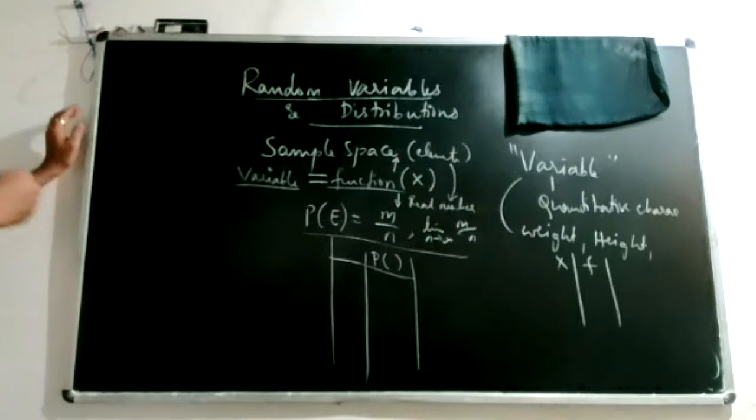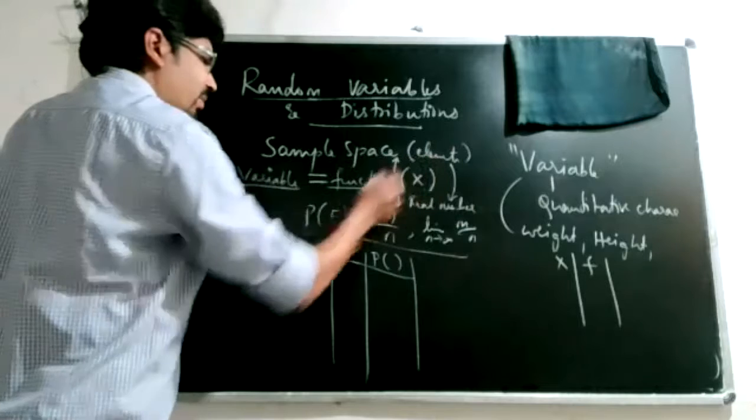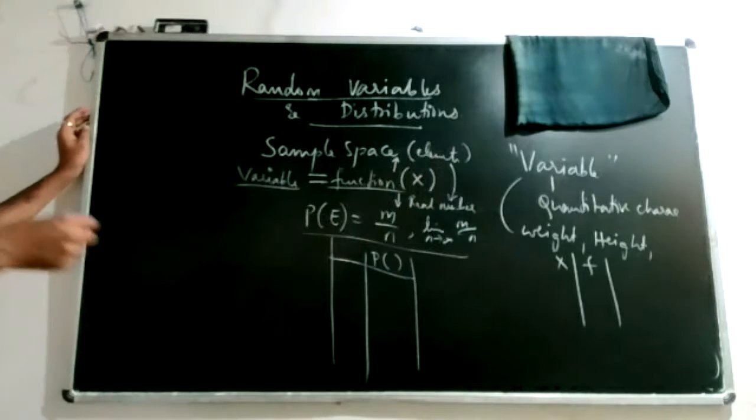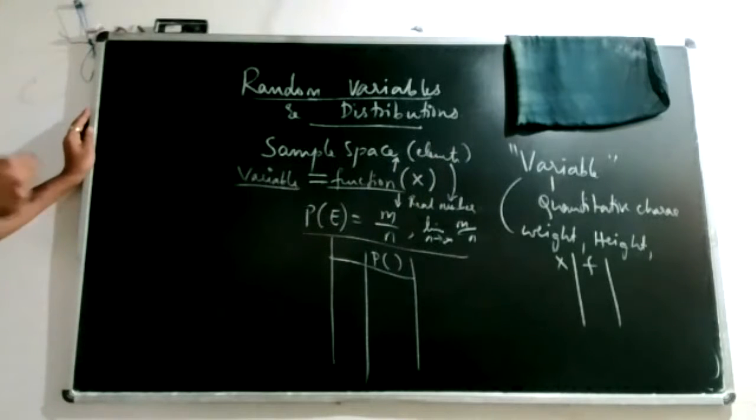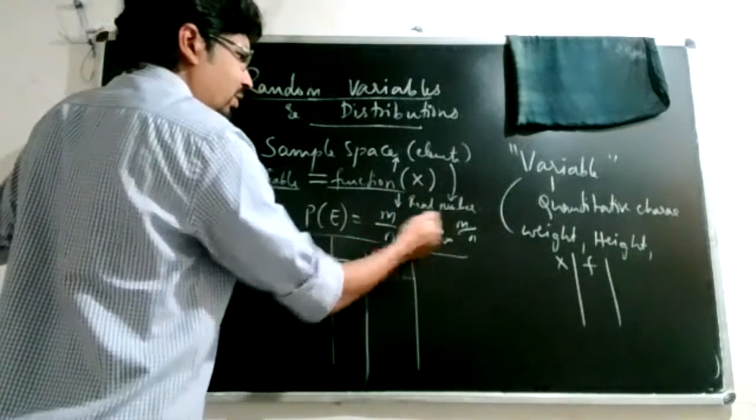Now, you know that a set of elements is nothing but an event, and every element is nothing but a simple event here. So events are also converted into real numbers.